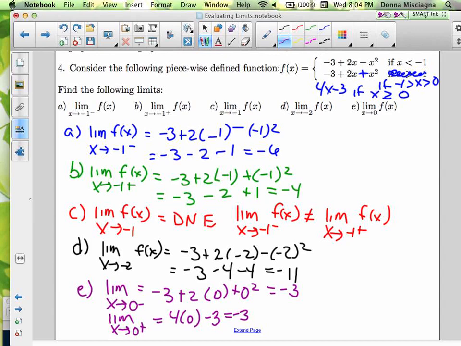Look at that, it's negative 3. So in this case our limit exists, because I was tired of seeing does not exist. The limit as x approaches 0 of our new f of x is negative 3. Yay!